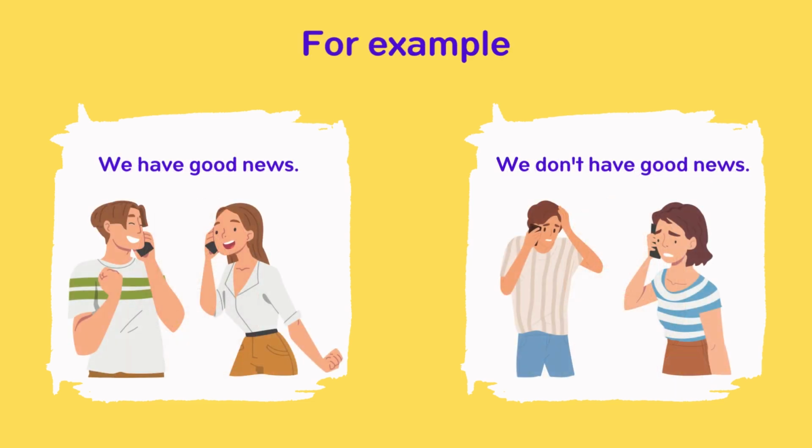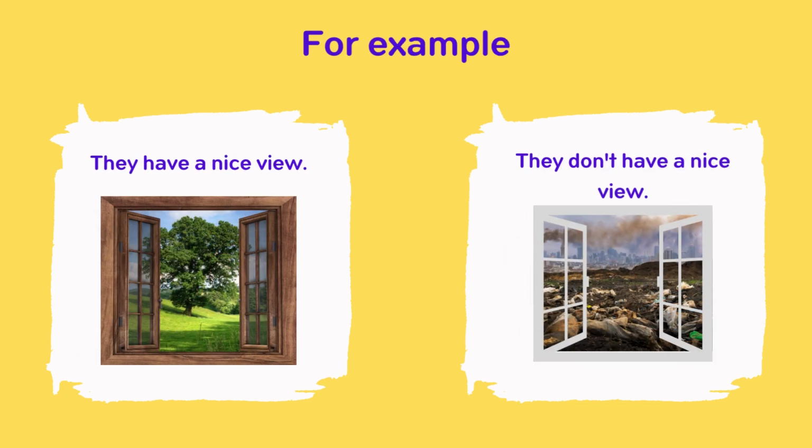We add don't or doesn't before our verb, which here is absolutely don't, and it goes like this. We don't have good news. That's it. They have a nice view. It goes like this. They don't have a nice view.